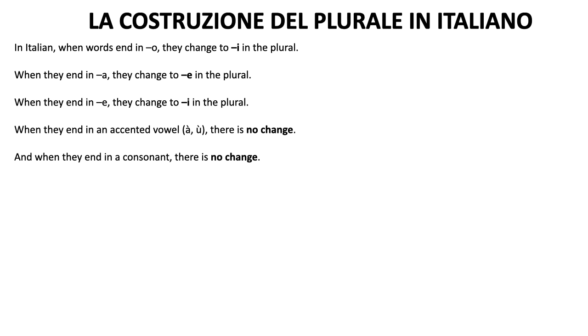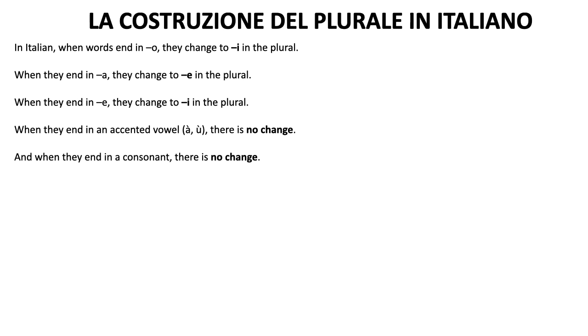And if the word ends in an accented vowel, what do I mean by accented vowel? One of these vowels, a, e, i, o, u, but with a little accent, with that little line on top. If it ends in an accented vowel, there is no change. So even if it ends in an A, if it's accented, there's no change, okay? And lastly, if the word ends in a consonant, there is no change. By no change, I mean that the plural and the singular form are the same.